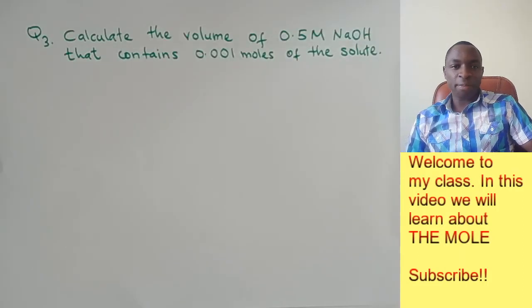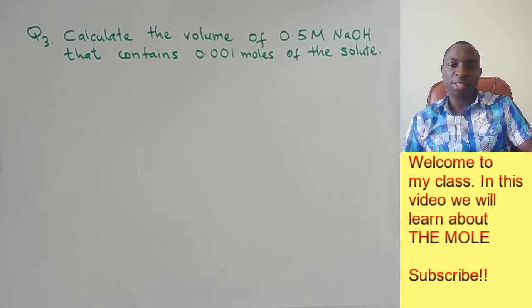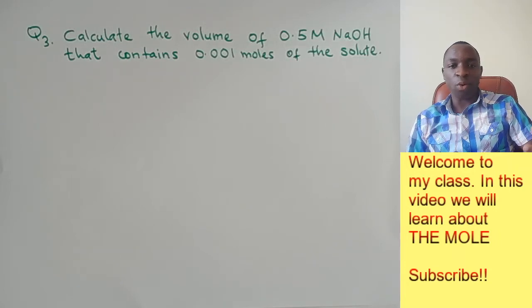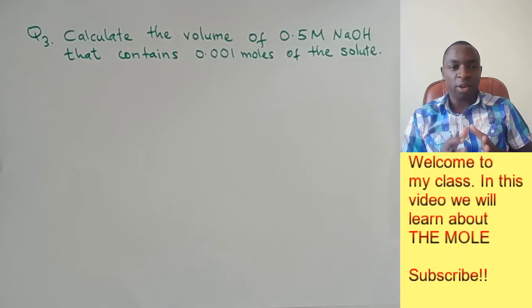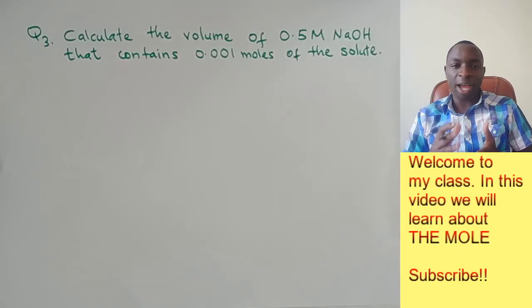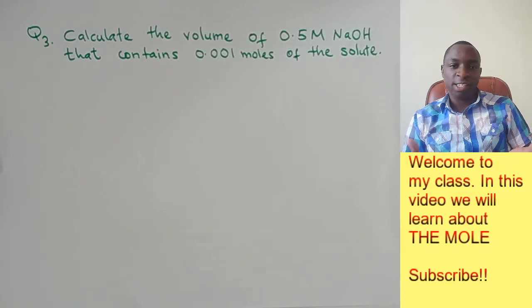In this third example, you're supposed to calculate the volume of 0.5 molar sodium hydroxide that contains 0.001 moles of the solute. So the logic is the same in this one. When you're converting between moles, volume, and the molarity, the logic is the same.